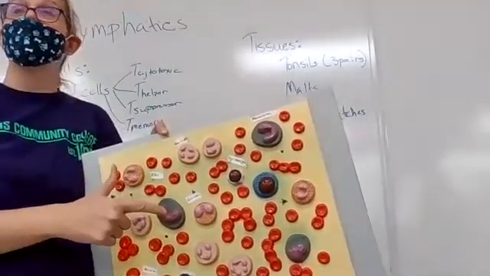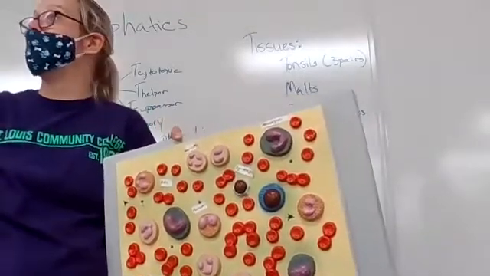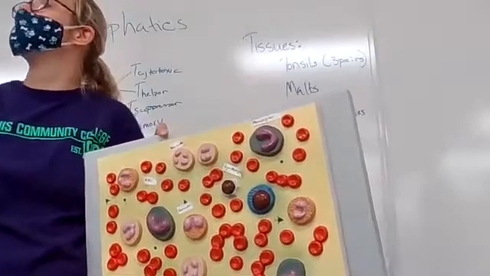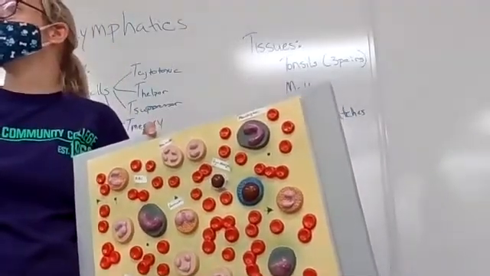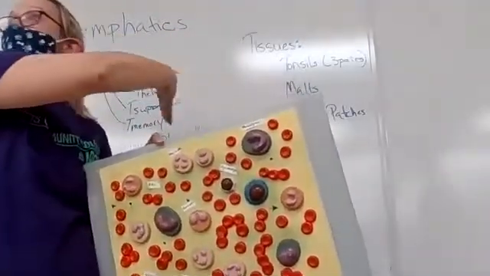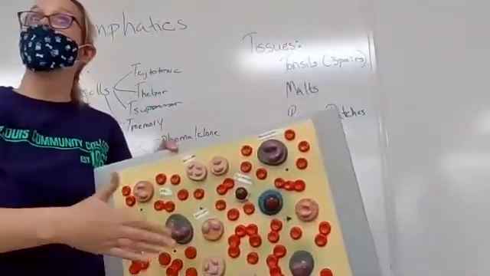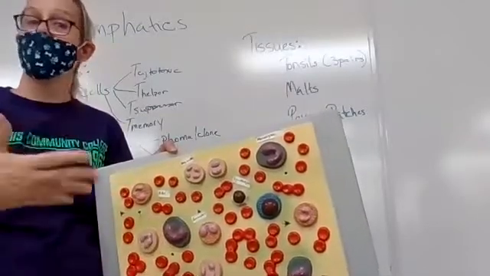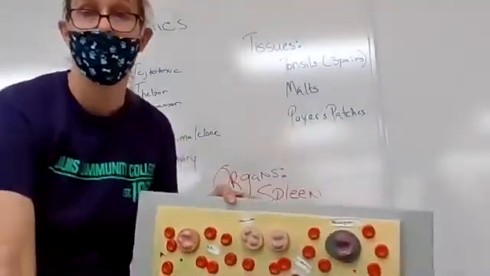Our T helper cells can determine if what that antigen presentation is, self or not self. Then they can potentially ramp up B cells and T cells to a new antigen if the macrophage monocyte presents a new antigen.